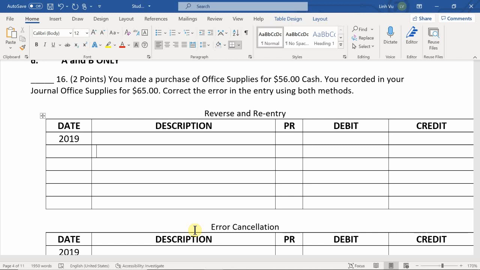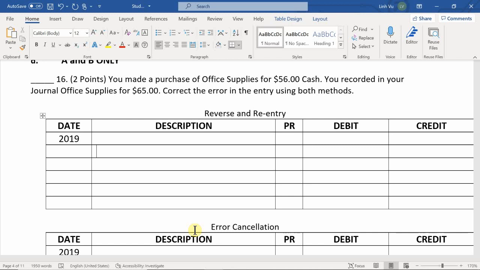So office supplies for $56 and cash for 56 on the credit side. Not something like that, because now you're entering in the mistake.